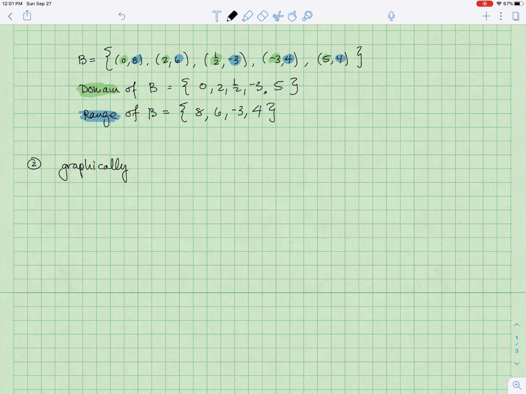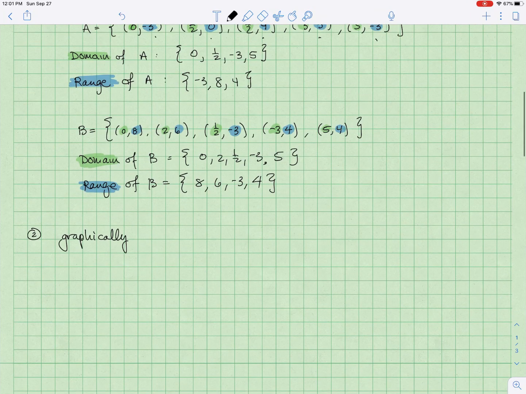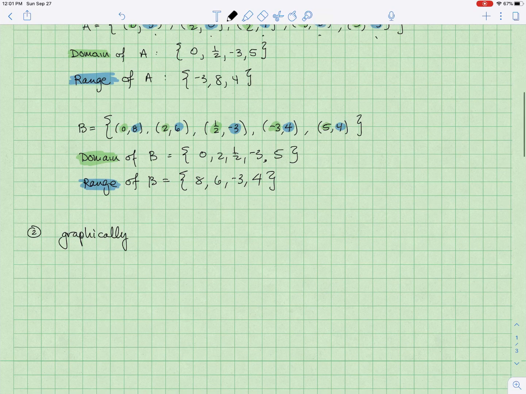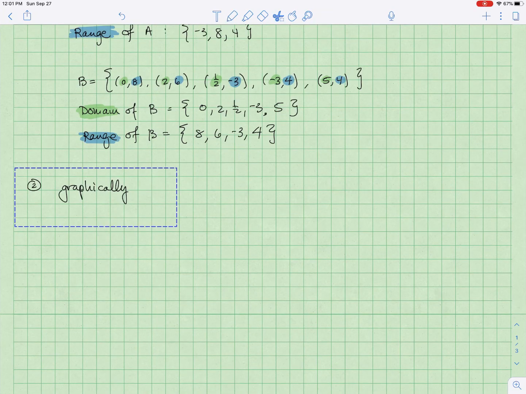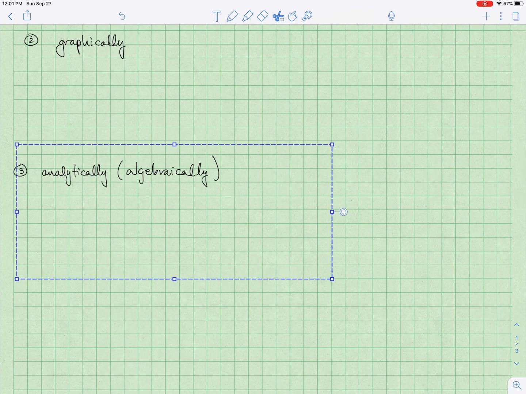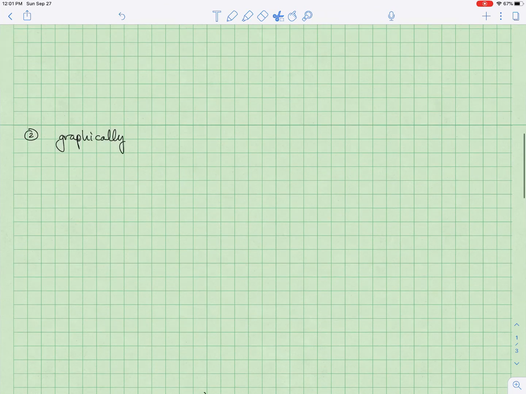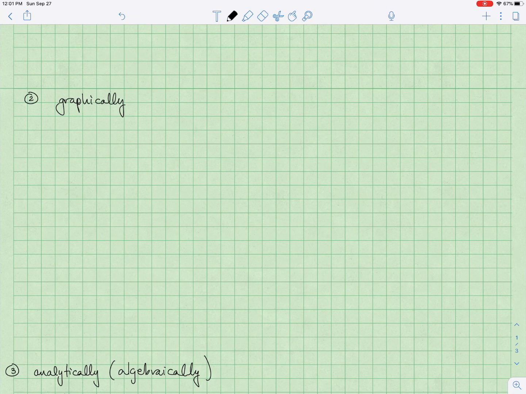Let's see. For A, I'm going to have to move this down a little bit here. Let me draw an XY axis here.